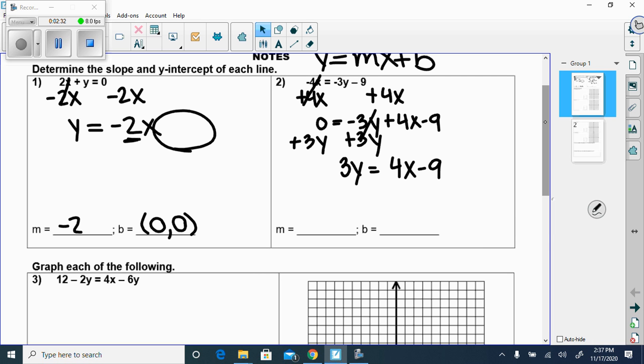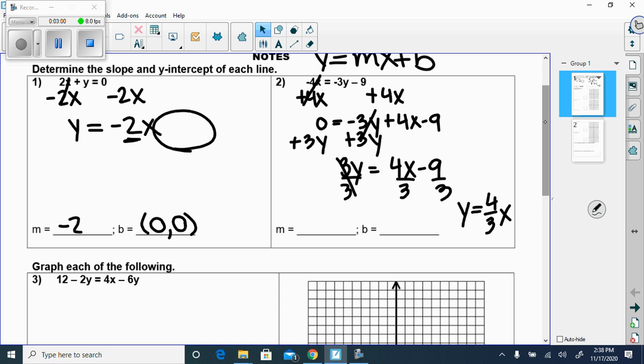Okay, if I divide the y by 3, I also have to divide everything else by 3. So I divide by 3 here, here, and here. So my 3's will cancel out there. So I'm going to have y equals, will 4 over 3 simplify? No. It's just going to give me a decimal. Right? So I'm just going to leave it as 4 over 3x.